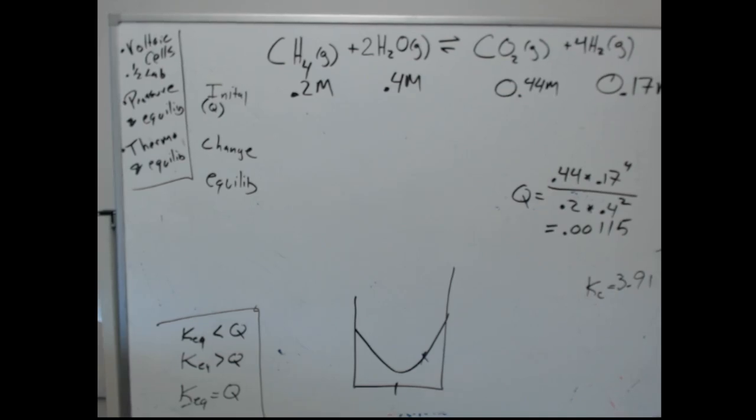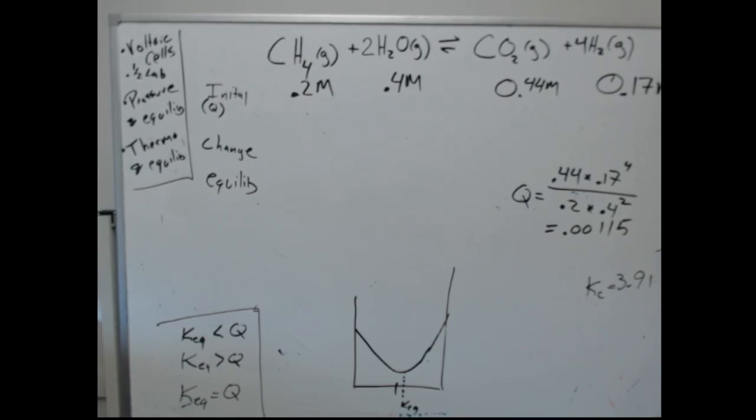So it's a matter of where am I relative to, here's my KEQ value. My initial conditions can be anywhere along this curve. They could be places over here, where I don't have enough products yet, and so I need to make more products. They could also be over here where I don't have enough reactants, so I need to make more reactants.